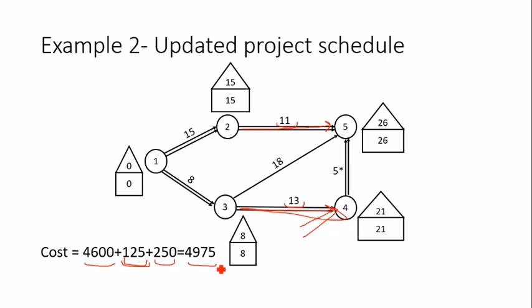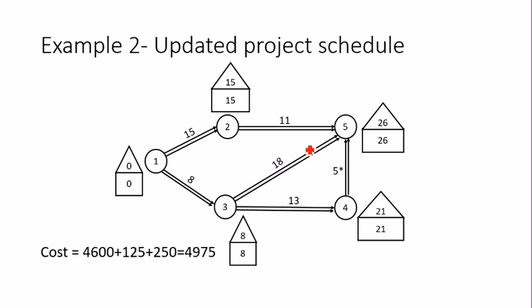Okay, but look carefully here. This time this activity 3 to 5 has also become critical, because 26 minus 8 is exactly turning out to be 18. Up till the previous step, this activity was non-critical, but now this has also become critical. So we have reached a stage where we have a new occurrence of a critical activity here.